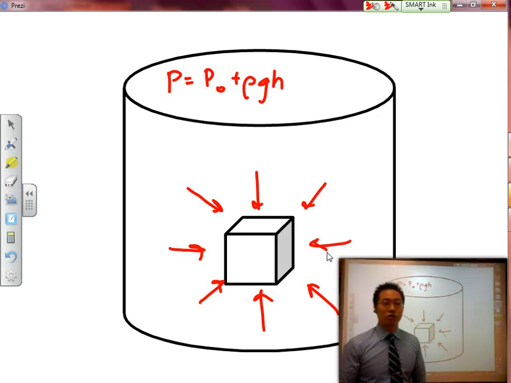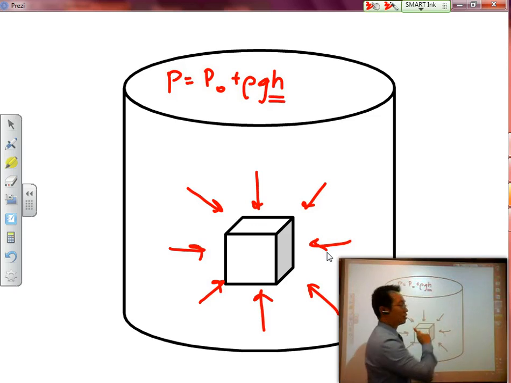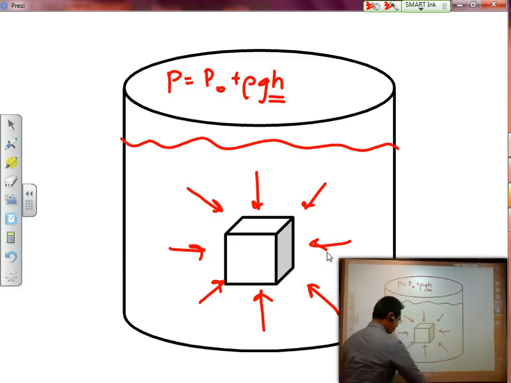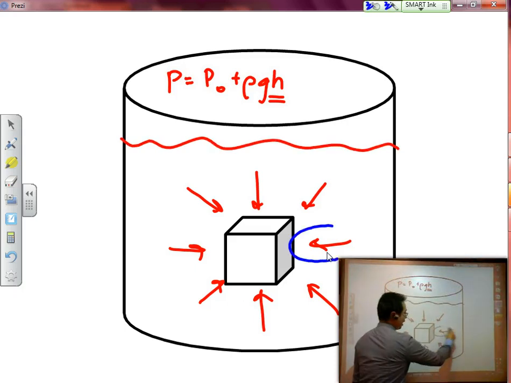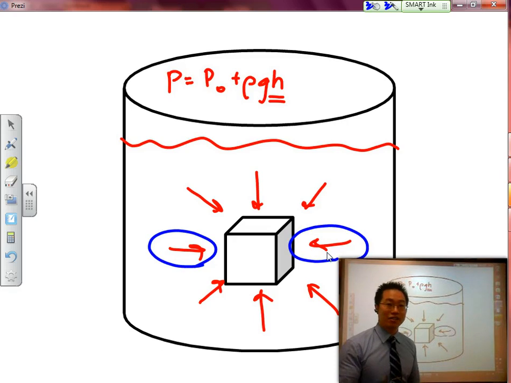The fluid pressure ultimately depends on the depth, how deep you are inside the water. If I ask how the pressure here and here compare, since they're at exactly the same depth, you'd have the exact same pressure, and they would ultimately cancel each other out.